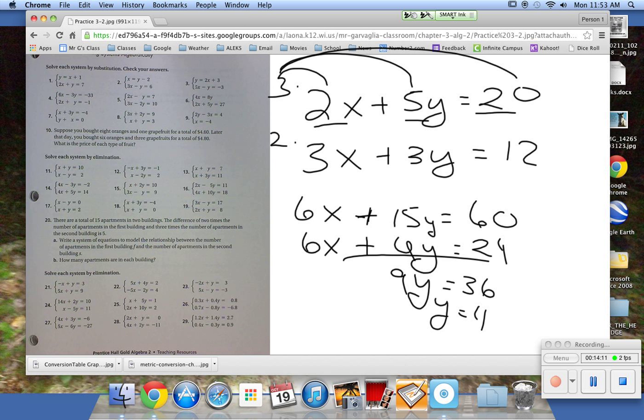But what's going to happen on the assignment, they're going to say do these by elimination, and then they're going to say do these by substitution. But if you're trying to figure it out, 2 variables, 2 unknowns, whichever one would work best. But on the assessment, I'm probably going to tell you I want this one figured out by substitution. I want this one figured out by elimination. All right?